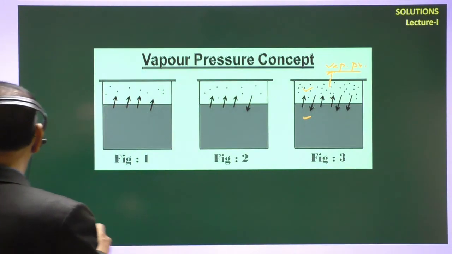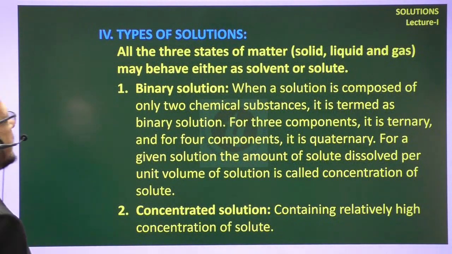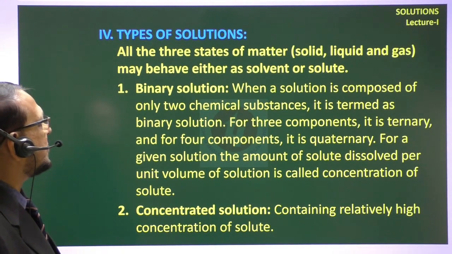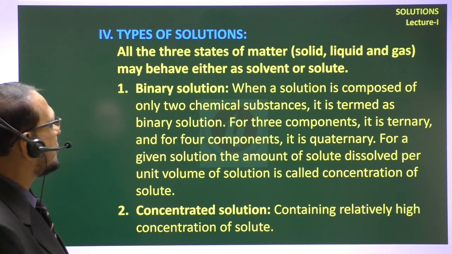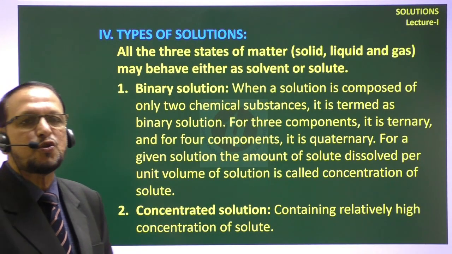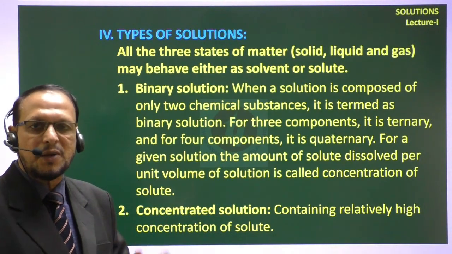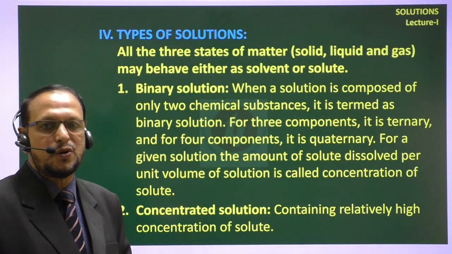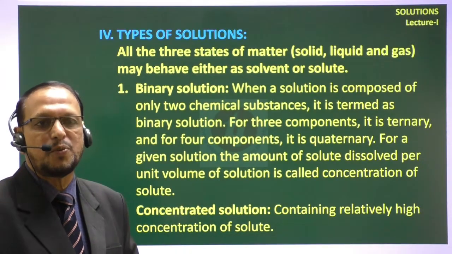Next part is types of solution. All 3 states of matter, solid, liquid and gas, may have either solvent or solute. Binary solution means a 2 component solution. In your class 12 syllabus we have the binary solution, the 2 component solution. Suppose one solute, one solvent.